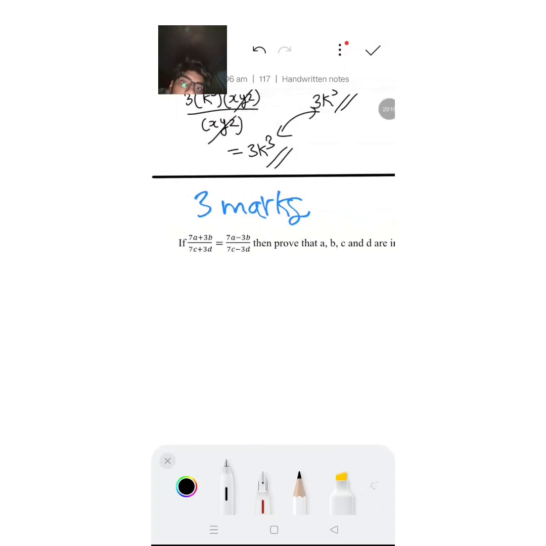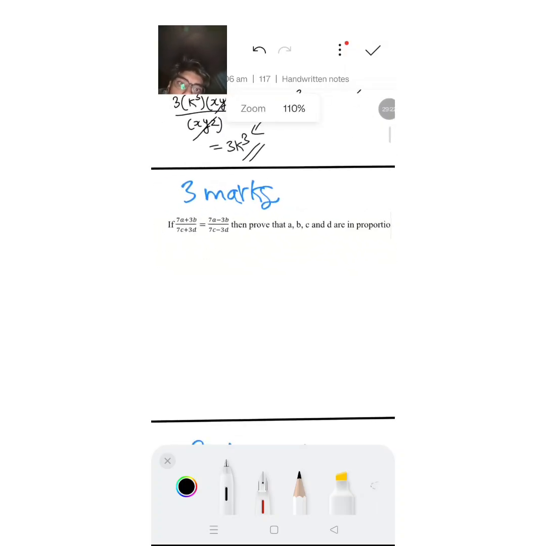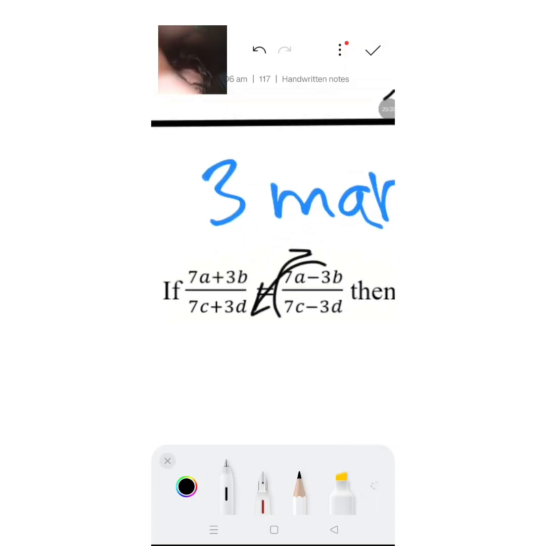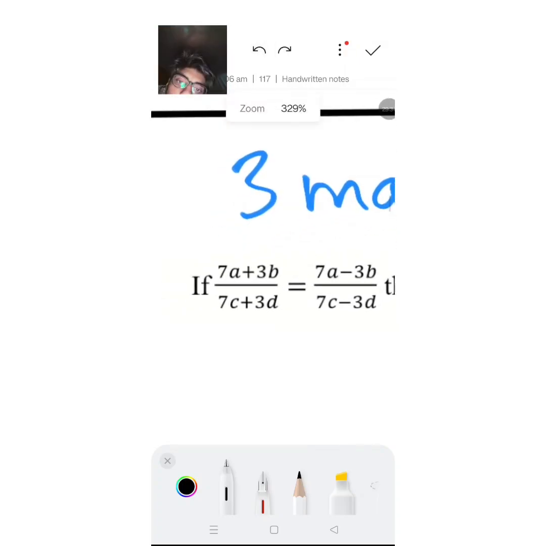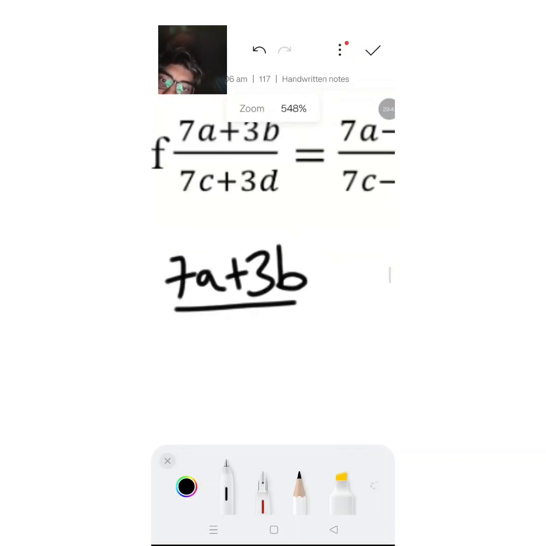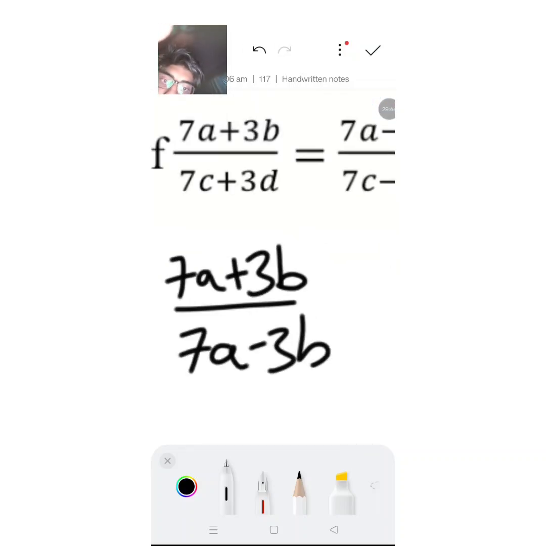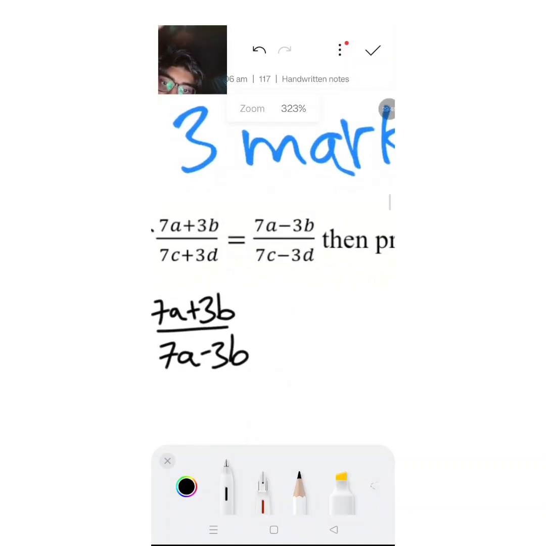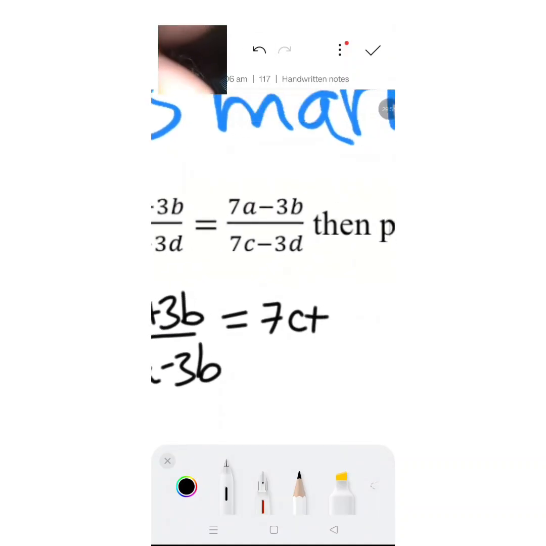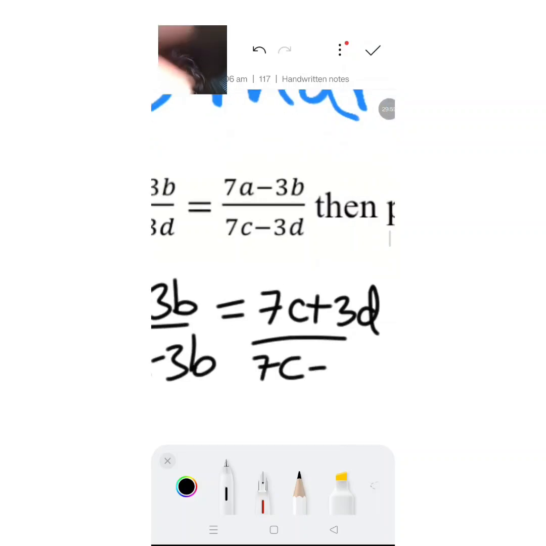Another very simple question that comes is to prove that A, B, C, D are in proportion. So one thing that you can do is you can just get this here, invert these things, or whatever it's called, alternendo, invertendo. So 7A plus 3B, just cross multiply, get this down, 7A minus 3B. This would equate to what? 7C plus 3D, I've gotten that up, 7C plus 3D over 7C minus 3D.